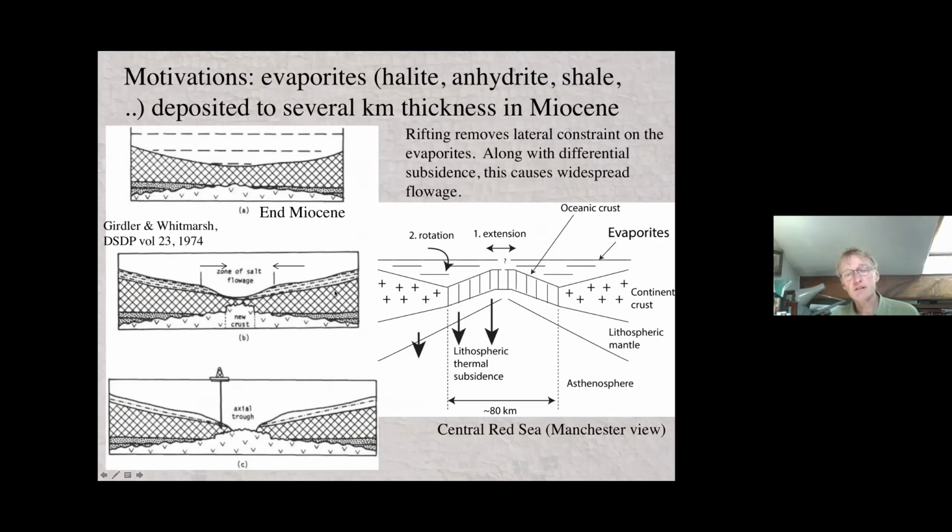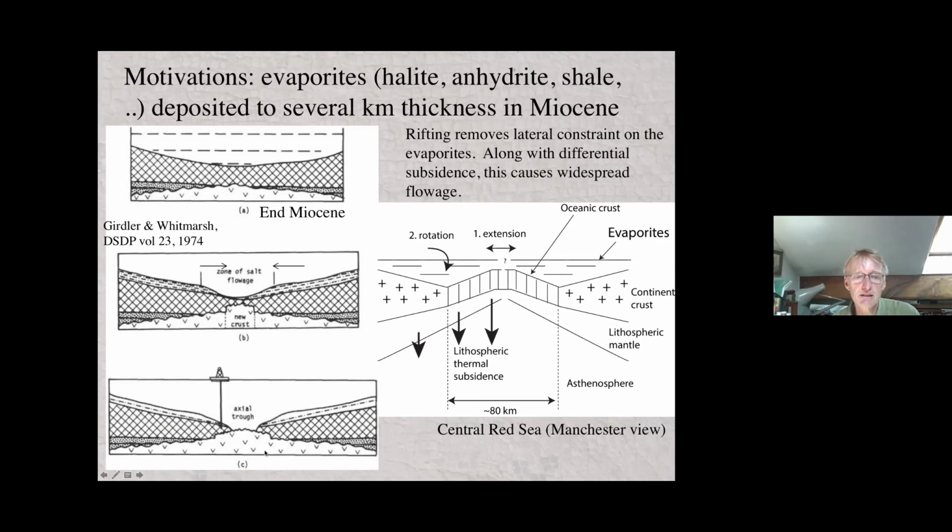So the other reason why we might be interested in the Red Sea is because it has very thick evaporites, up to 4 or 5 kilometers thickness in places. And this is a cartoon of the Red Sea from very old work by Ron Girdler and Bob Whitmarsh, published in the DSDP volumes.